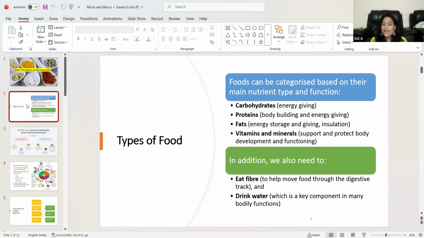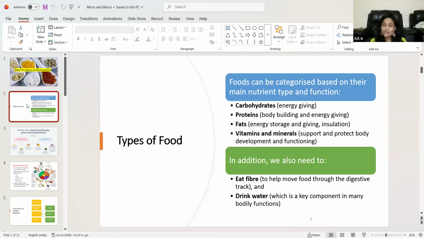Okay, so what are macronutrients? Food is basically divided into two parts, macro and micro. Now let's discuss macronutrients. Okay, carbohydrates, proteins, and fats are macronutrients.